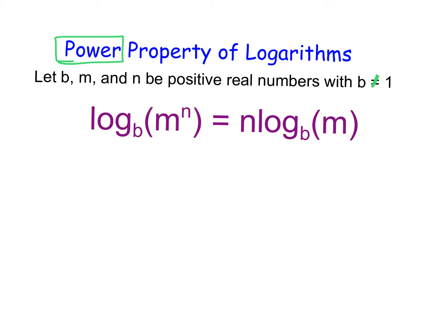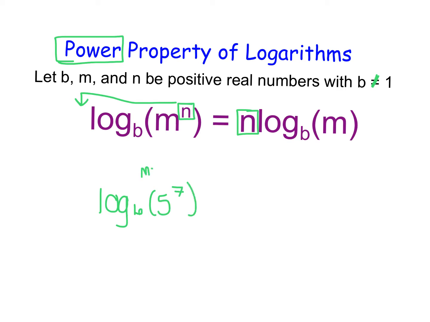What we can do with the power property is rewrite our logarithm. If we have an exponent here, we can bring our exponent in front of the log, and it will act as a coefficient out in front. So, for example, say we had log base 6 of 5 to the power of 7.